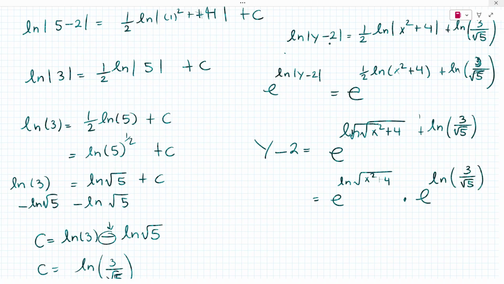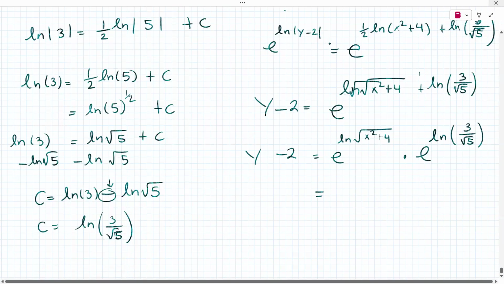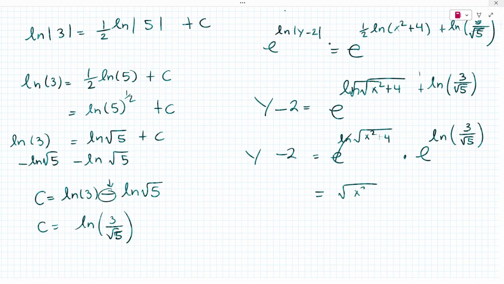Now on the left, you have y minus 2. And then what you could do next is, over here, e and ln cancel, so you're left with square root of x squared plus 4. And over here, the ln cancels, and then this is times 3 over radical 5. And on the left side, you're left with y minus 2.